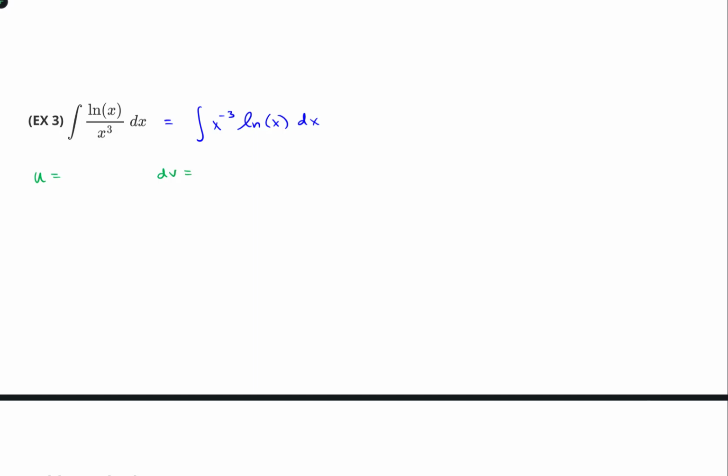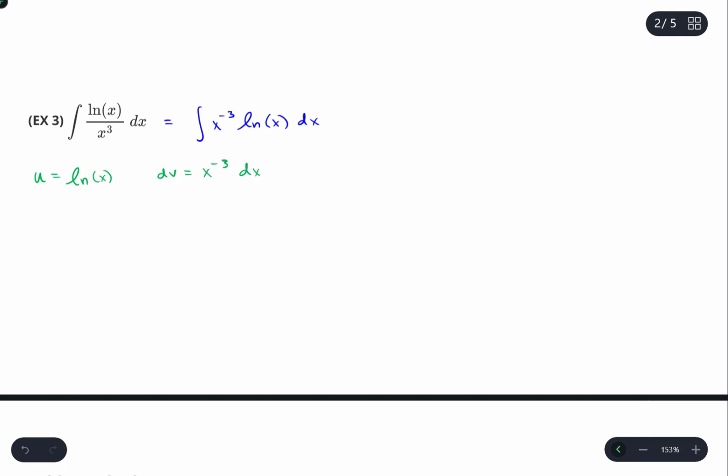All right, so in a lot of situations we pick the algebraic piece, but in LIATE or ILATE, it tells you that the logarithmic is a better choice for you than an algebraic piece. So let's go with that advice. So we'll let u be the natural log of x, and then dv will be x to the negative third dx.